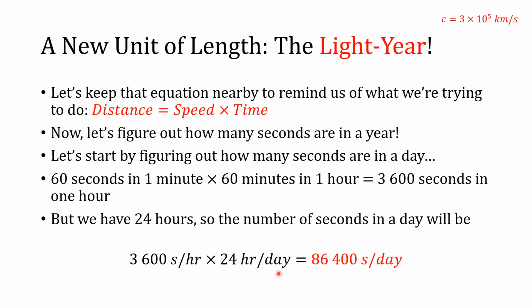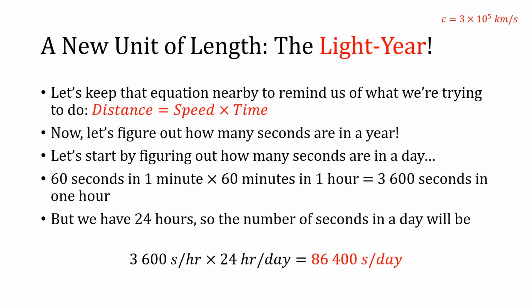Hours per each day, right? So we've got 3,600 seconds every hour, and then we've got 24 of those hours. So if you just multiply these two numbers, you get the number of seconds per day, the number of seconds that occur each day. And that's 86,400 seconds. Cool. Now we have a number for how many seconds there are in a day.